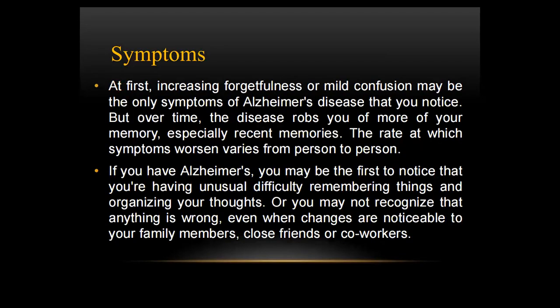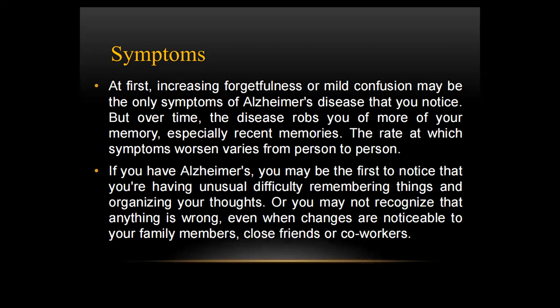So in this case, the patient will have a lot of forgetfulness and confusion, and over time the disease may cause problems with recent memories. Later, symptoms worsen and patients lose track of the environment they are in.